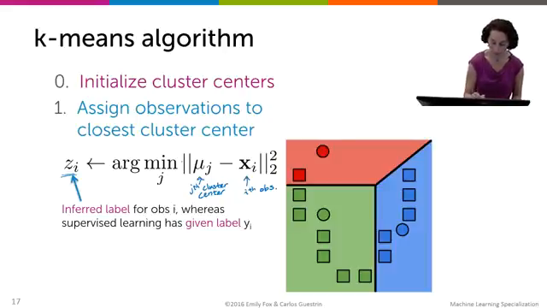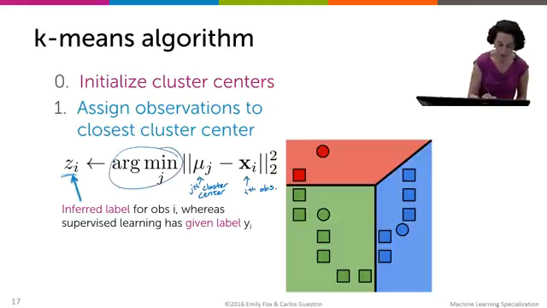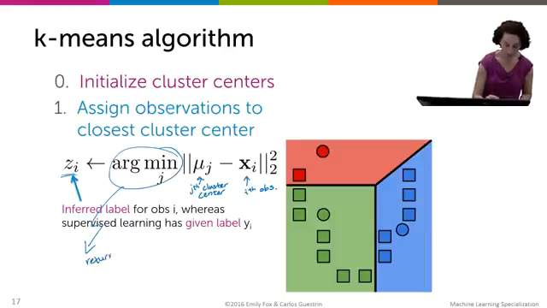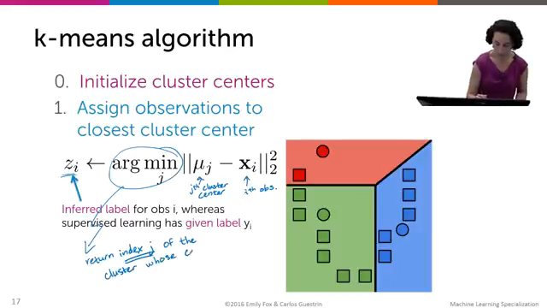But what we're doing here with this function is this thing called argmin. So let's describe what argmin does. Argmin is going to return the index j of the cluster whose center is closest to observation xi.